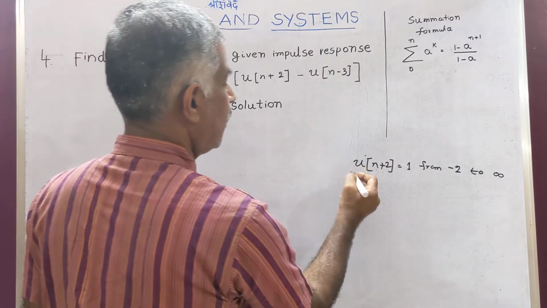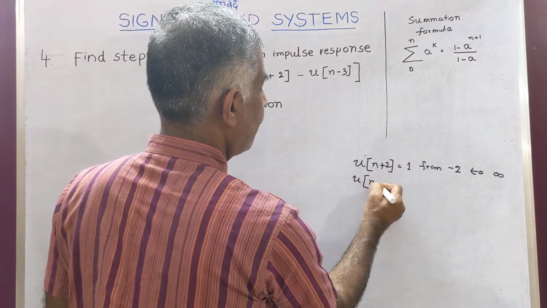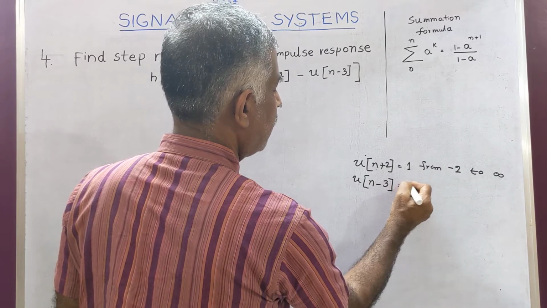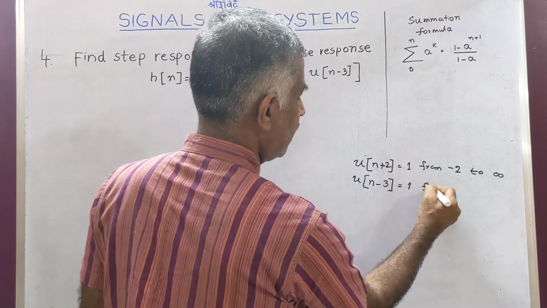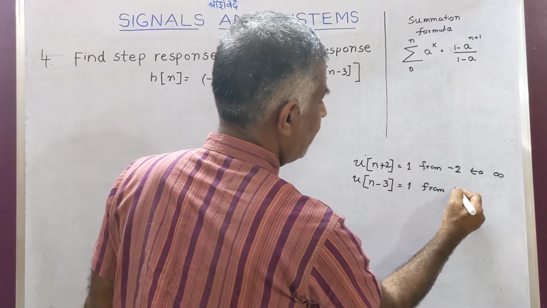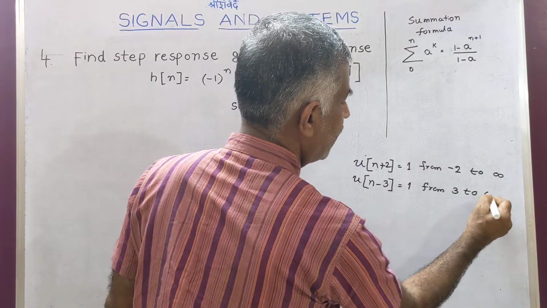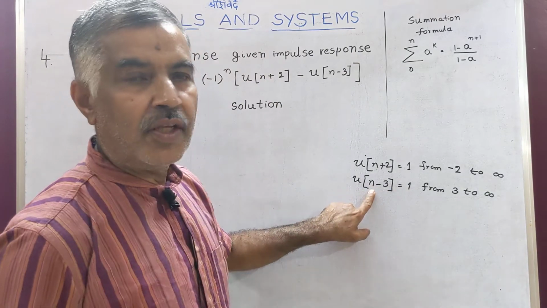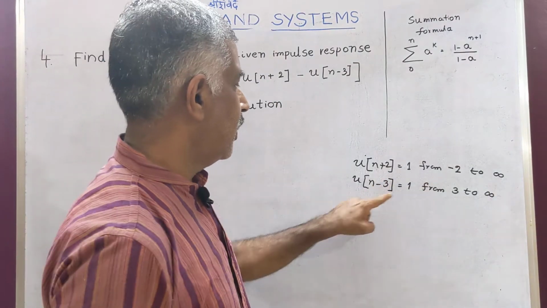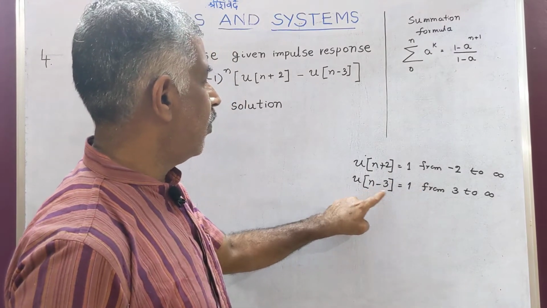Now what about u of n minus 3? U of n minus 3 has value 1 when you give n values from 3 to infinity. For example, give n equal to 3, u of 0 is 1. Give n equal to 4, 4 minus 3.